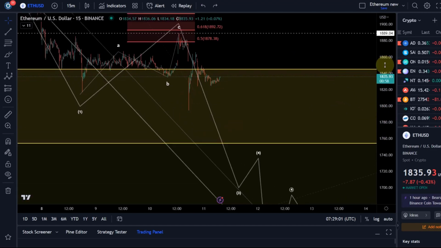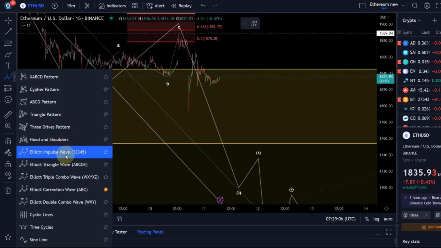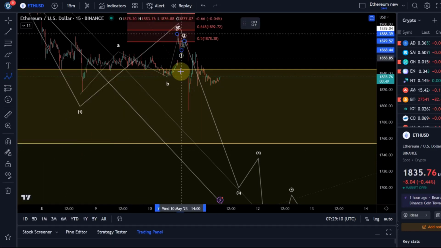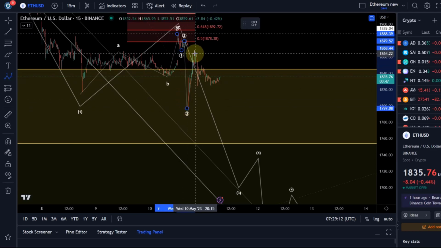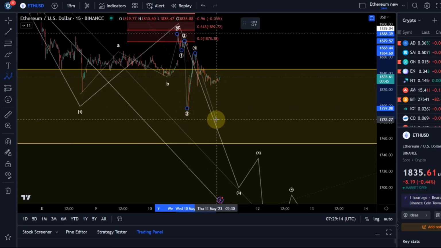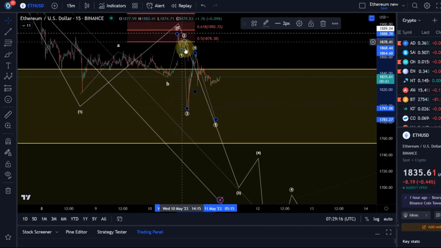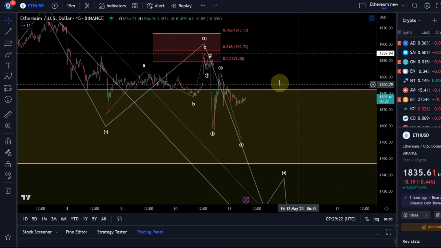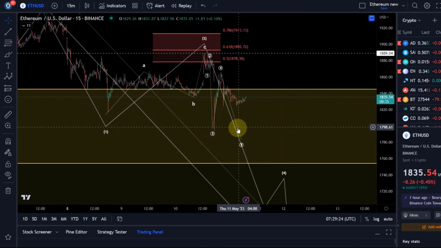Now I could come up with something exotic here, but then we go really into the detail, and it's not really useful for trading. Say this is a 3, this is a 4, and any move down counts as 5. This is technically, based on Elliott Wave, a valid pattern, with a very short 1-2, a long third, a deep 4, but it's something that in practice you don't really see.